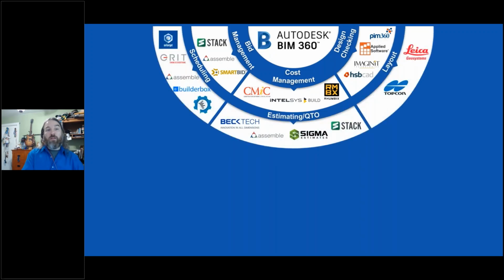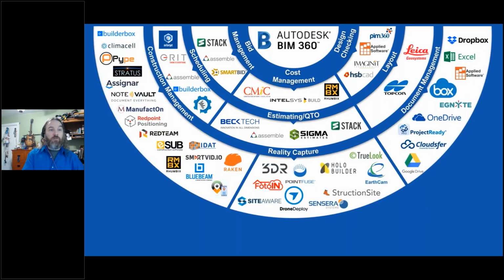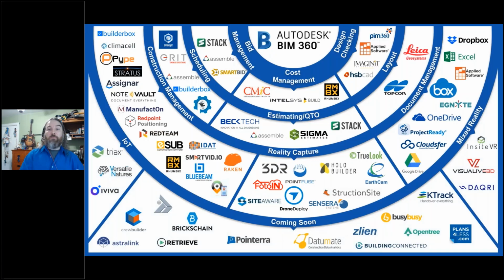If I'm looking for scheduling tools or layout for scanning, construction management, there's a large amount there. Same thing for document management. If I like BIM 360, but I also want to have all my content automatically upload or synchronize to other services, there's tools for this. And there's a lot of other ones that are in the mix and are being worked on by different companies.